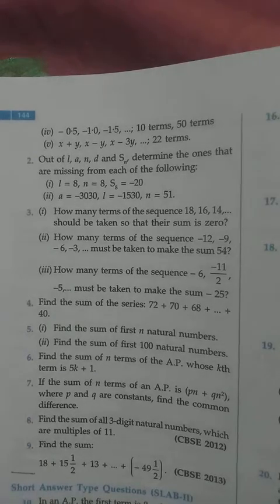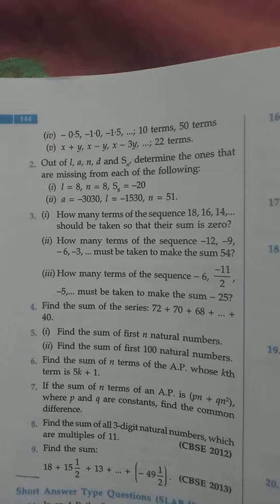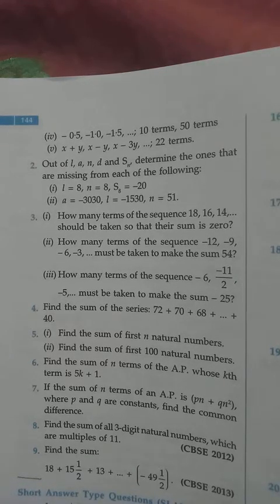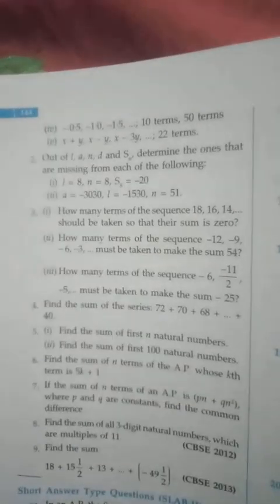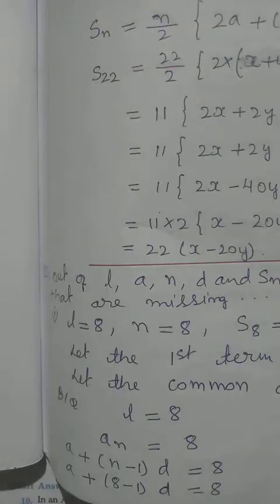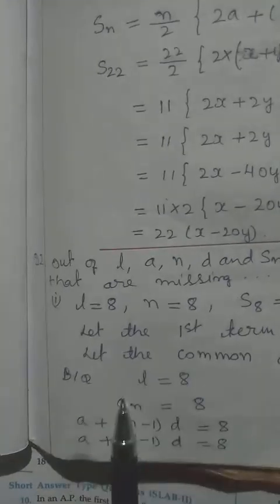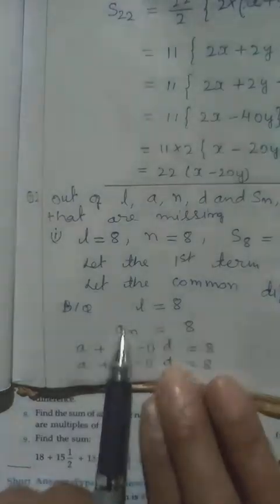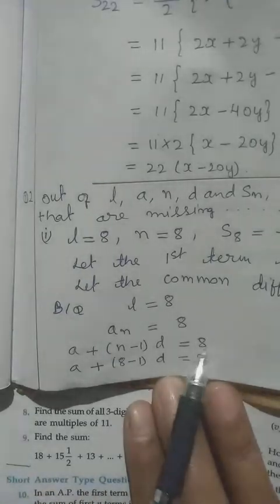L here stands for last term. You can write it with L or you can write it with AN, because for us mainly we use AN. Now we have the last term L, that is AN, equal to A plus (N minus 1) whole D, which is equal to 8.